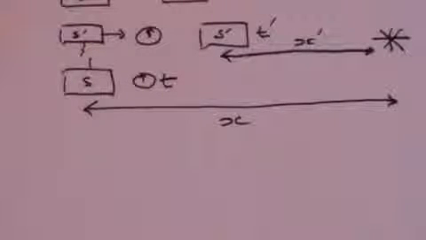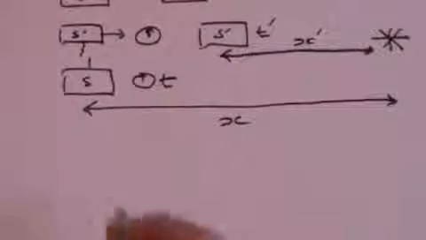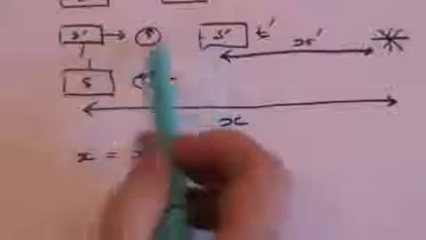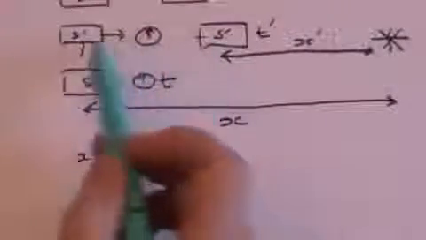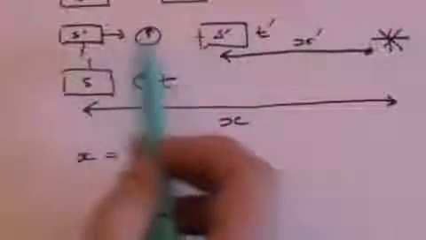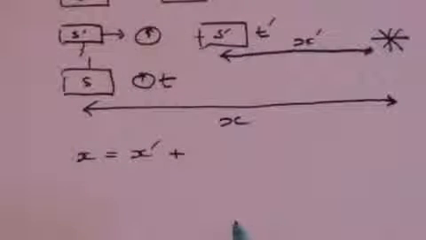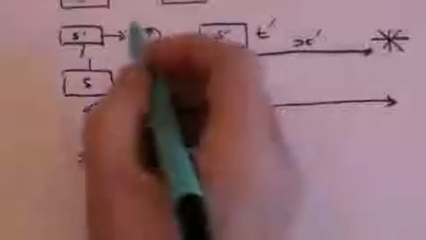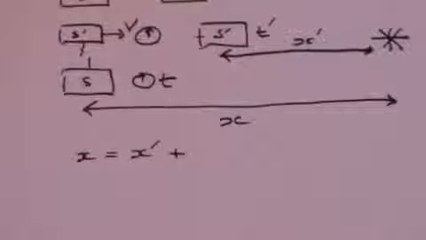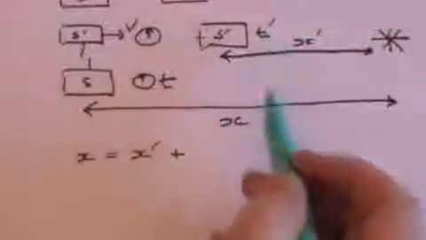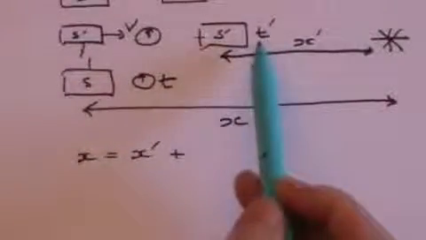Now I think you can see fairly easily that x equals x prime plus this distance, which represents the separation of S and S prime. But what is that distance? Well, the relative speed is speed v, and the time that has elapsed is, depending on whether you're measuring it on one clock or the other, t or t prime.